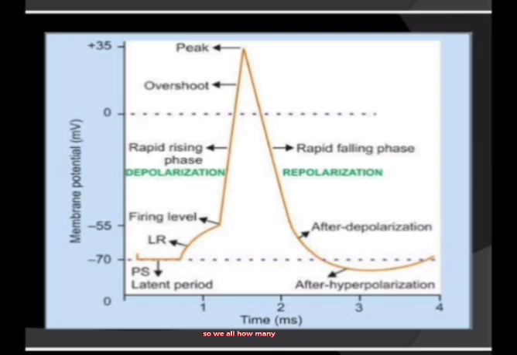So in all, how many stages do you have? Some have 10, some have 12. Okay. We have 1, 2, 3, 4, 5, 6, 7, 8, 9.